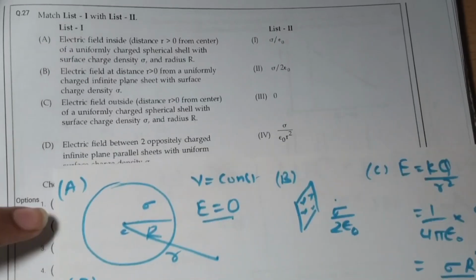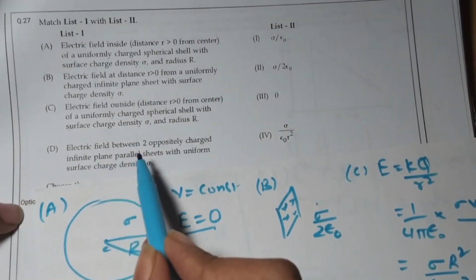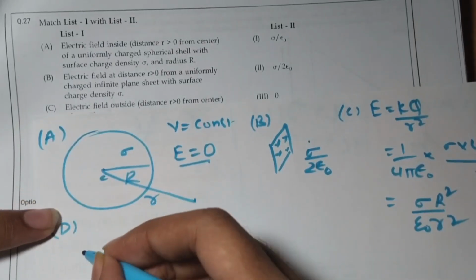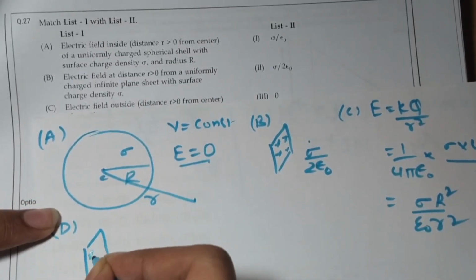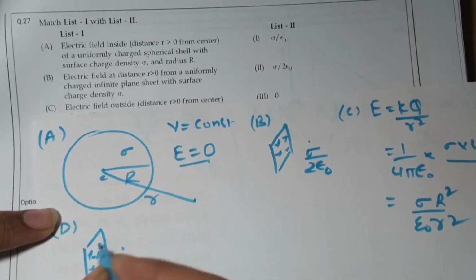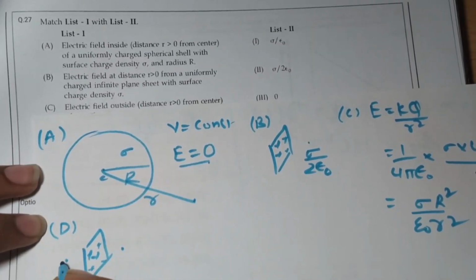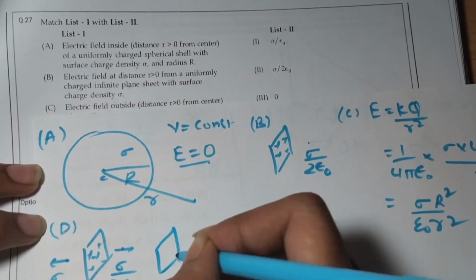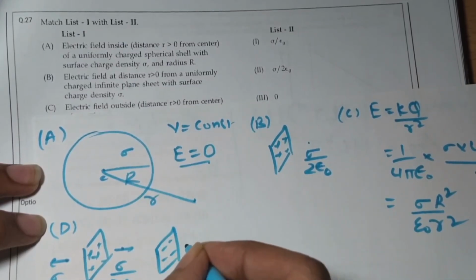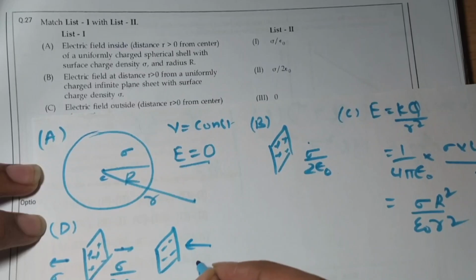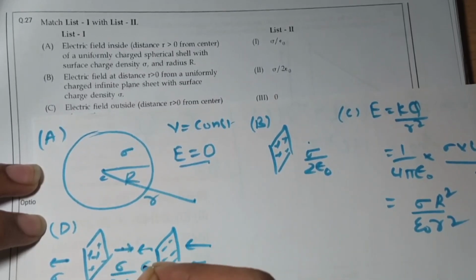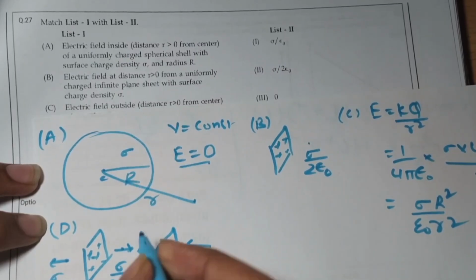For option D, electric field between two oppositely charged infinite plane parallel sheets with uniform charge density sigma. See, for a positive plate, electric field, this side and that side, it will be away from it, sigma by 2 epsilon naught here, sigma by 2 epsilon naught here. And for a negative plate, it will be towards that plate, sigma by 2 epsilon naught.